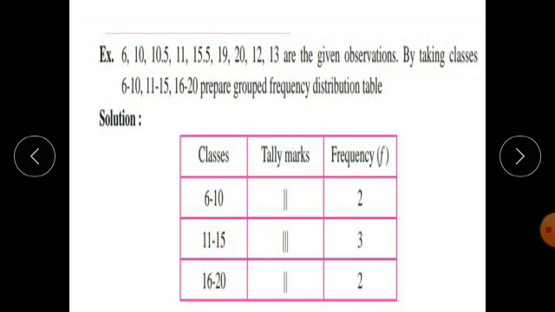But in this table we could not include observations 10.5 and 15.5, because the numbers 10.5 and 15.5 cannot be included in any of the classes 6 to 10, 11 to 15 or 16 to 20.